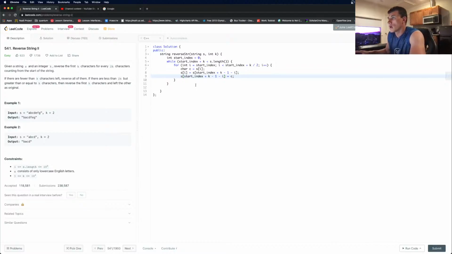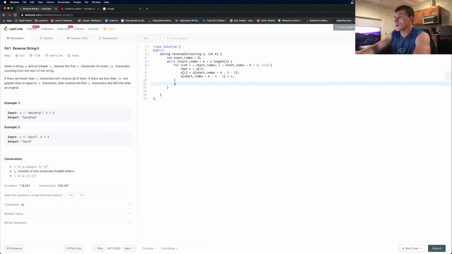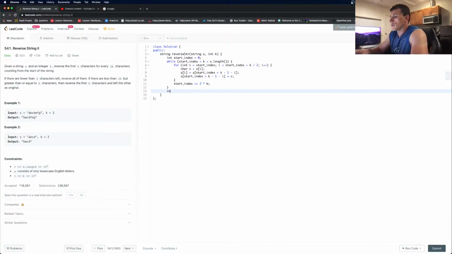c. Now, after we're done with this for loop, we say start index plus equals 2 times k. Something like that. All right. And obviously we return s.